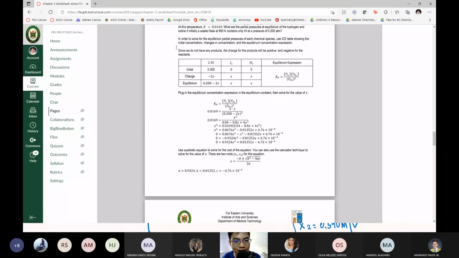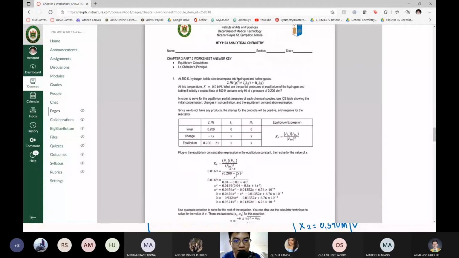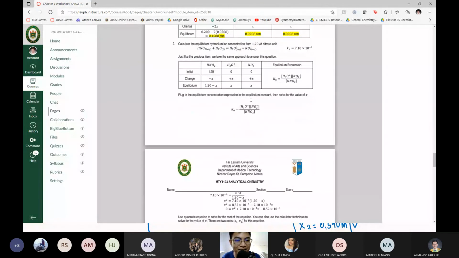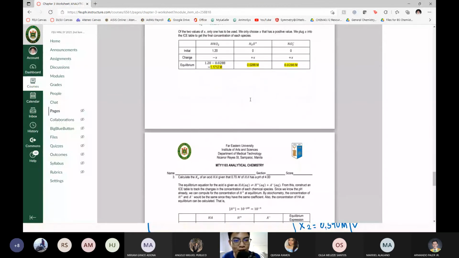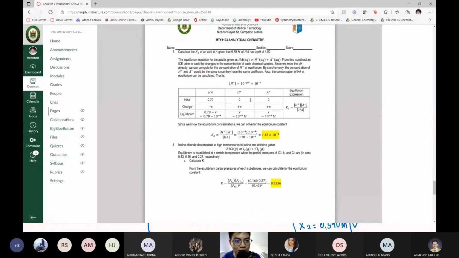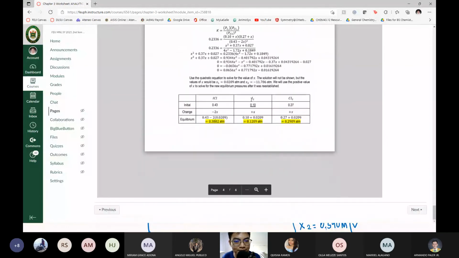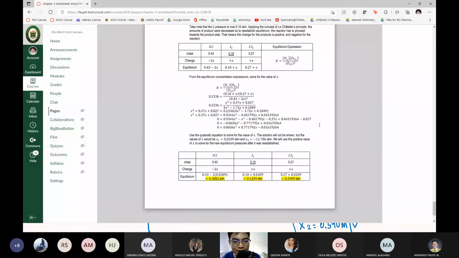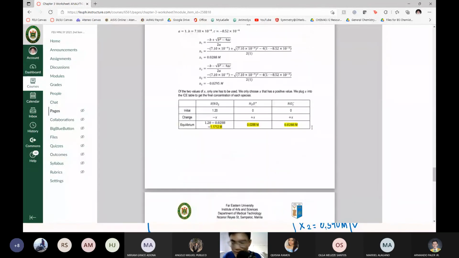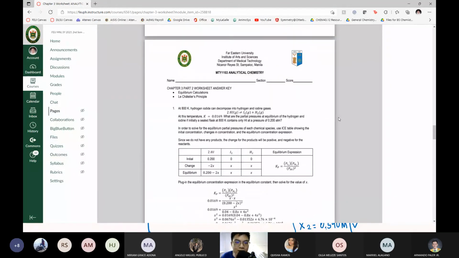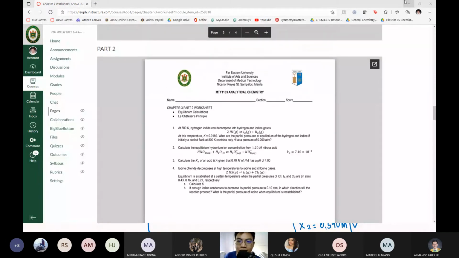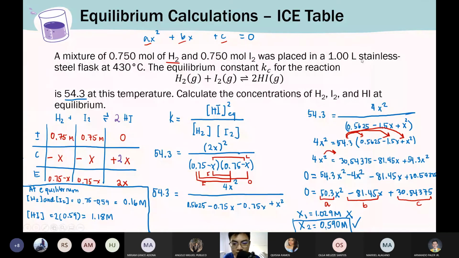Ayan, may explanation na yan. Okay? So, by the way, let me know kapag may typo ha. Kasi last year pa ata to eh. Ayan. Ang dami ko nang nilagay ha. So, pag mag-practice maigi, sagutan muna bago tignan ang final answer. And then kapag may question, just let me know.